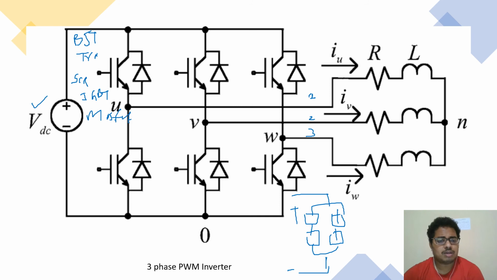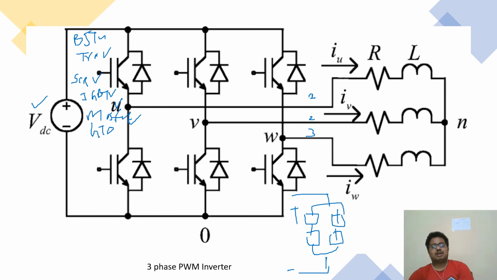And the latest, I think we have GTO, gate turn-off thyristor. There are different aspects. We can use any of these devices based on our applications. I think a normal transistor may be used in the range of maybe 10 or 20 watts, but all the remaining ones are used in the power range. Yes, this is the circuit.